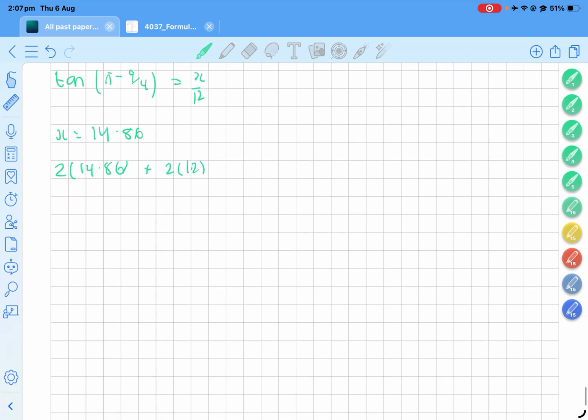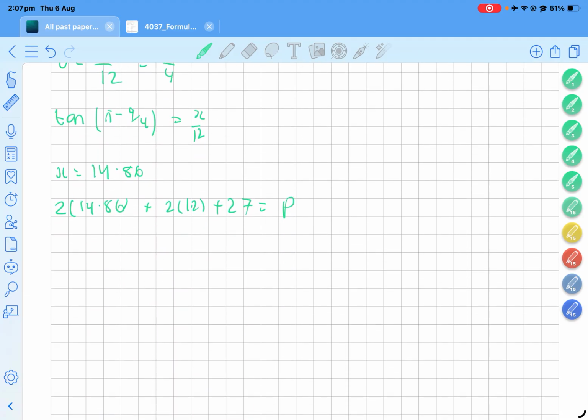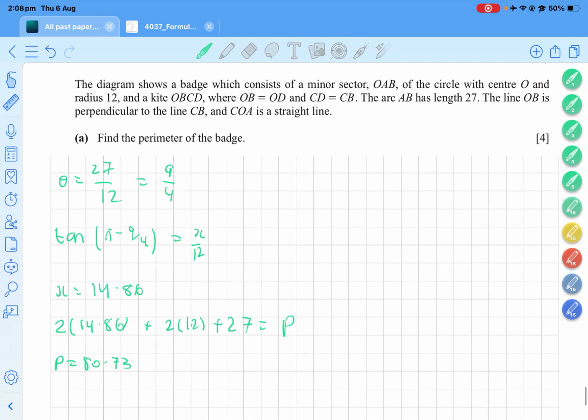Yeah, it's going to be the perimeter. Oh my god, what just happened? What is happening? So if you add this up, 2a plus 2 times 12 plus 27 is 80. So the perimeter is 80.73 centimeters.